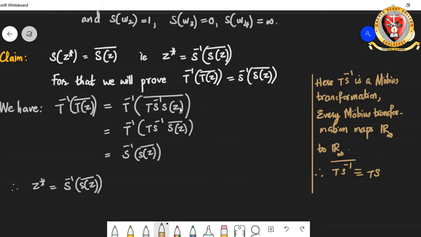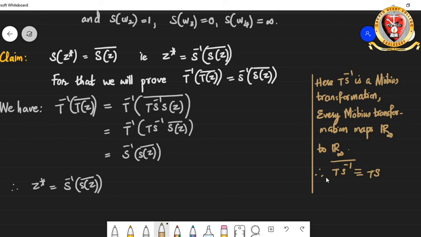That is, the quadruple Z, Z2, Z3, Z4 is lying on the circle gamma, right? So we have a theorem which says that whenever the points of the cross ratio are lying on a circle, that happens if and only if the cross ratio is a real number. So here this is a real number. So T S inverse is actually acting on a point on R infinity, right?